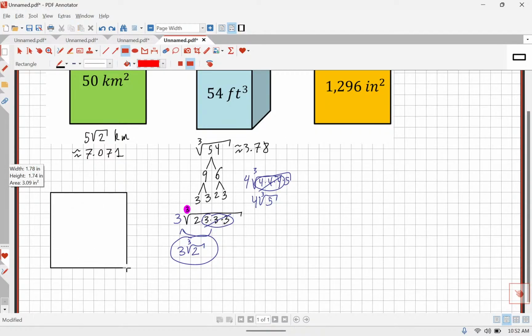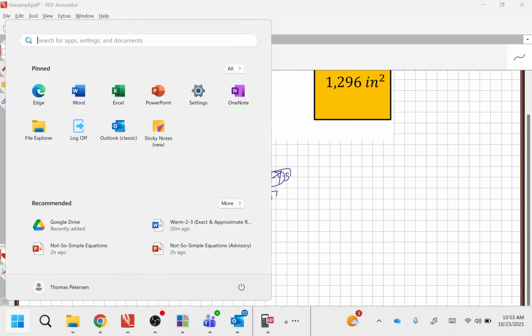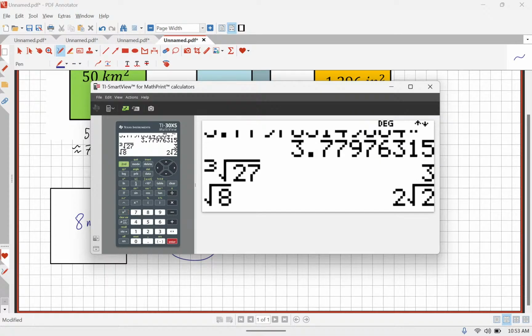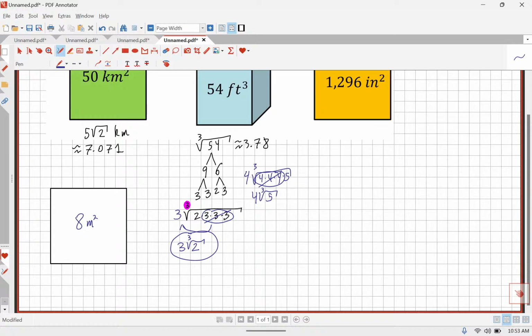Okay, if I had a square, and its area was 8 meters squared, and you were like, okay, the side length's the square root of 8, and your calculator's like, that's 2 root 2, and you're like, neat. But what does that mean, right? What's that 2 mean in front of the square root of 2?